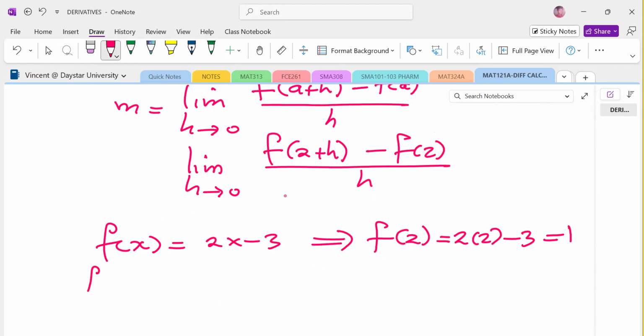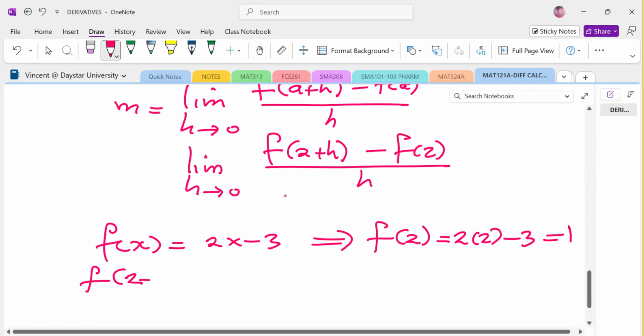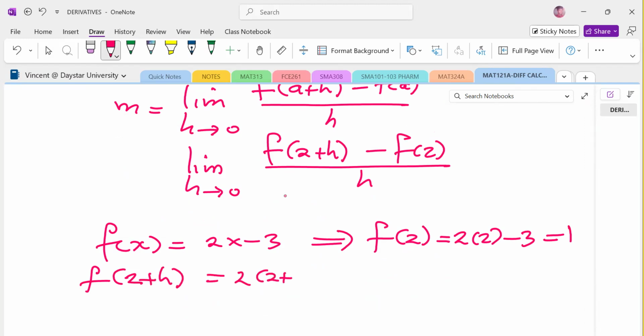Then f of 2 plus h will be 2 into 2 plus h minus 3, which will be 4 plus 2h minus 3.